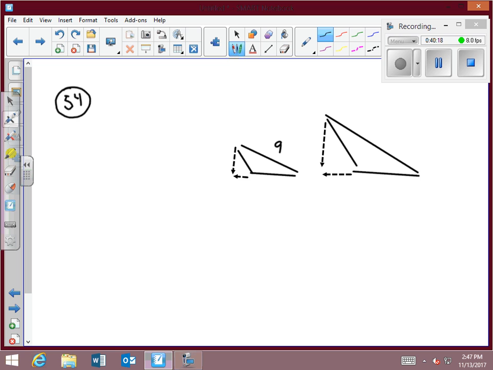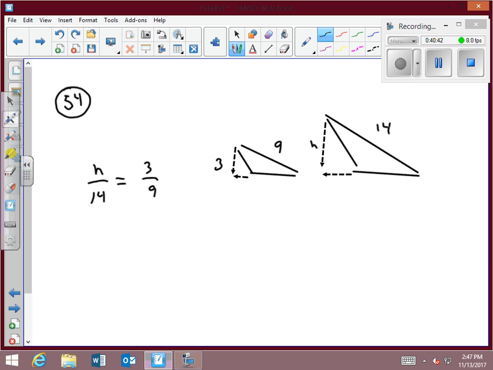And you have 9, 3, and 14. And this is what you're trying to figure out, that H. So what you can do is you can say H is to 14 as 3 is to 9.